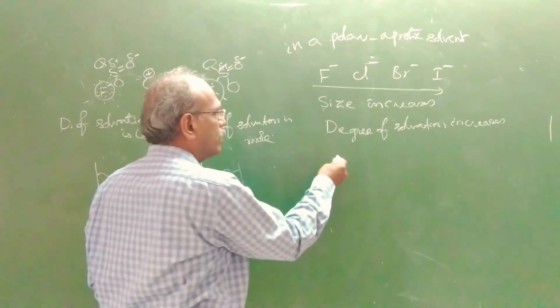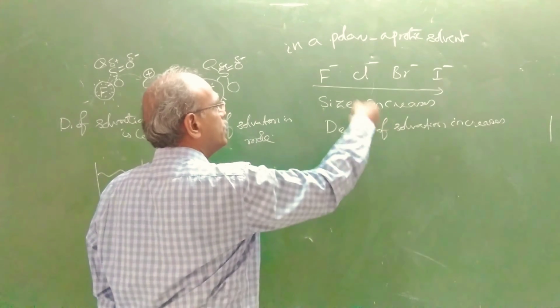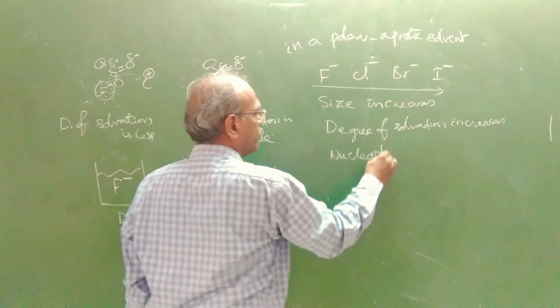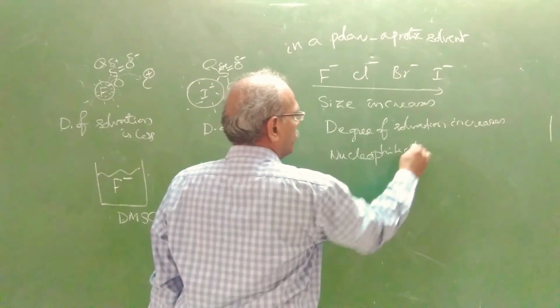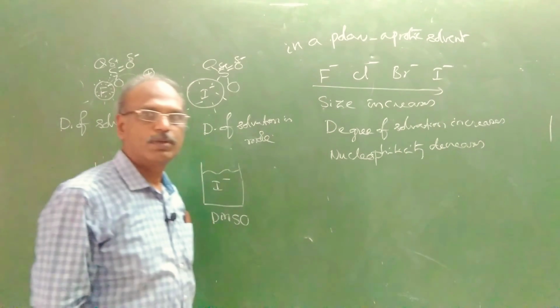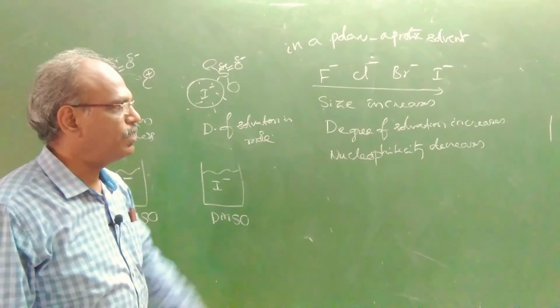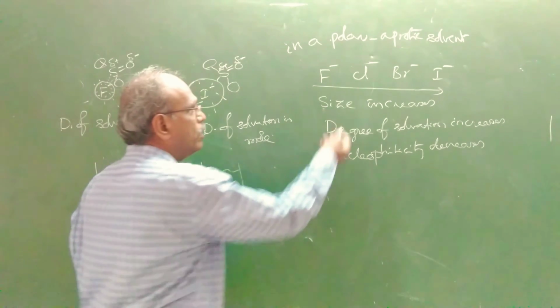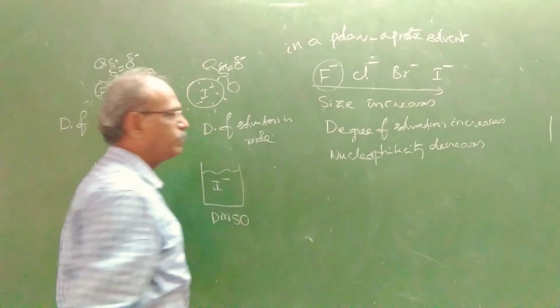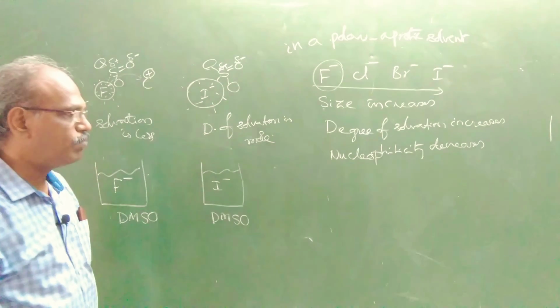Next, therefore, if degree of solvation increases, what about nucleophilicity? Decreases. Nucleophilicity decreases. Therefore, which is the strongest nucleophile? F minus.